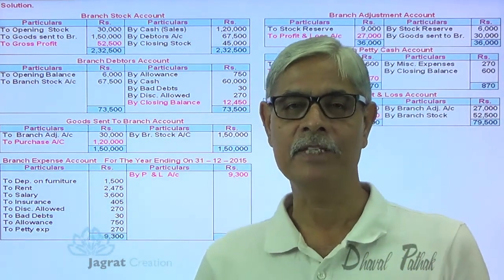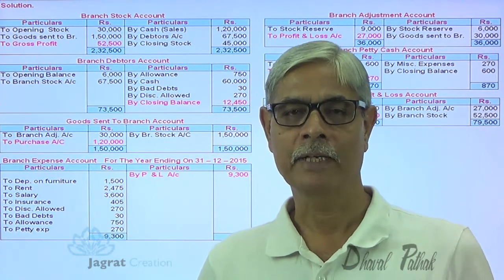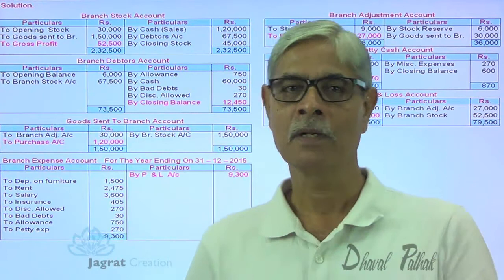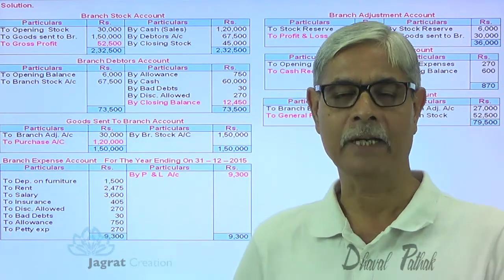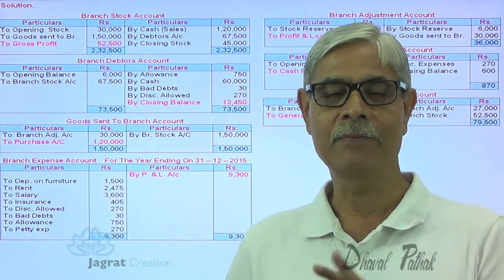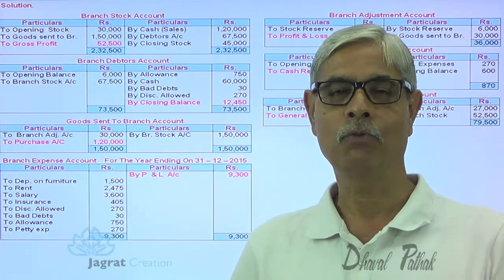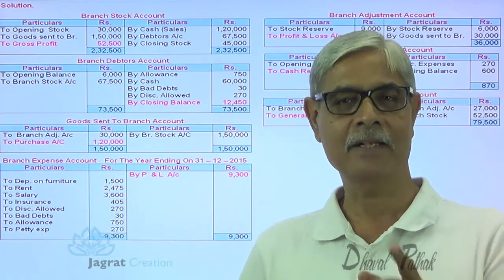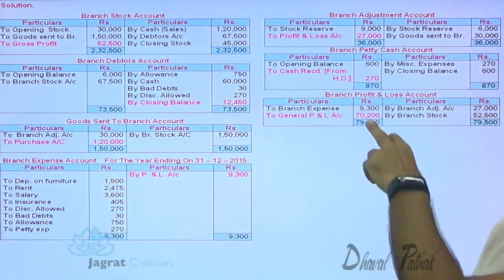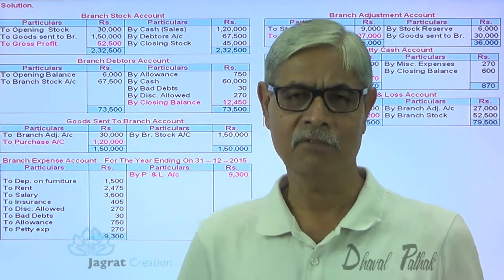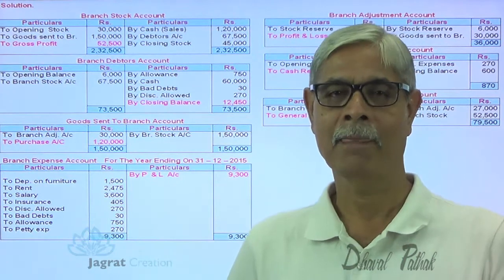The same sum whose solution has been explained to you by the Debtors Method is solved here before you by the Stock and Debtors Method. Observe the difference between the two. You will find that the profit is the same in both situations. Under the debtors system also the profit found was 70,200, which you can compare. Once again, let me repeat.